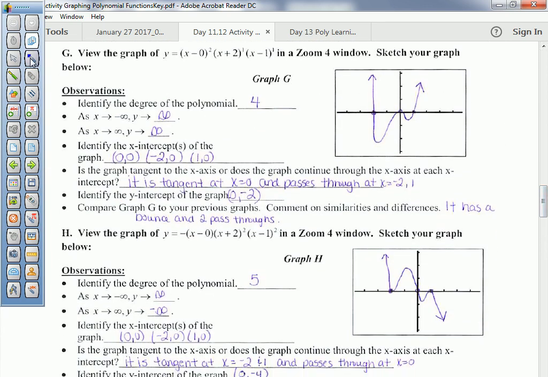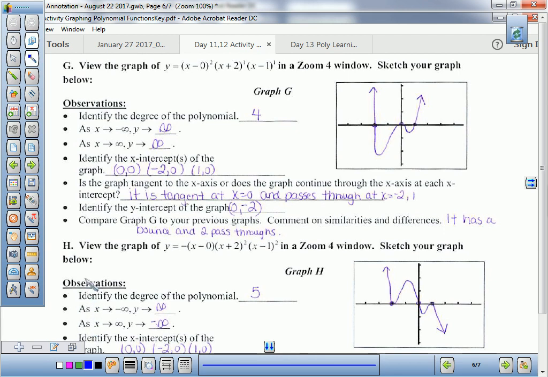All right, so this is where we start mixing it all up. How do we know this is a 4th degree polynomial? Well, it's written as a product of factors, so we add the exponents. 2 plus 1 plus 1 is 4. This is even. Well, we know when we have an even degree function, the ends do the same thing.